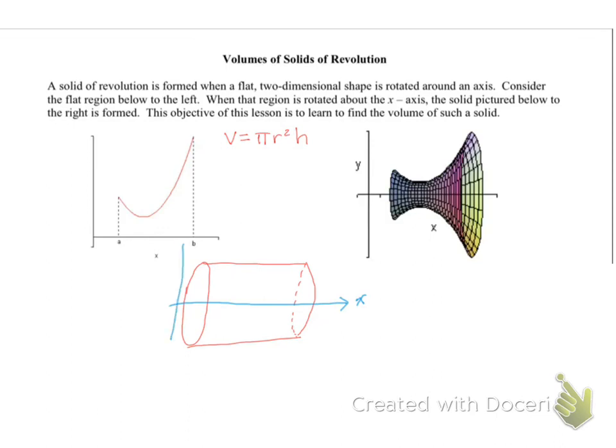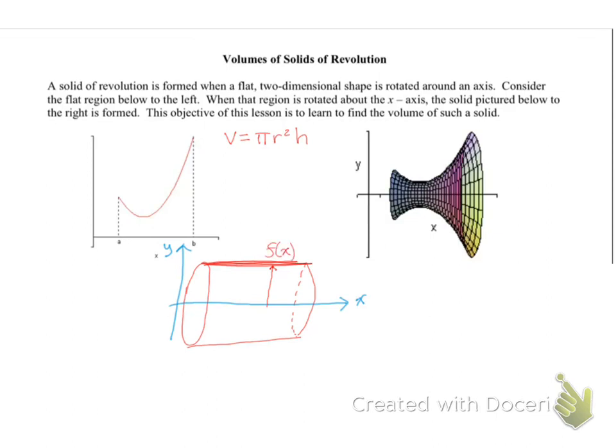I guess I could draw the y. So the radius of this cylinder is actually going to be whatever the function is at that point. Okay, so if I have a function here that's just a horizontal line and I rotate it about the x-axis, it's going to make a solid cylinder. So the radius is f of x.